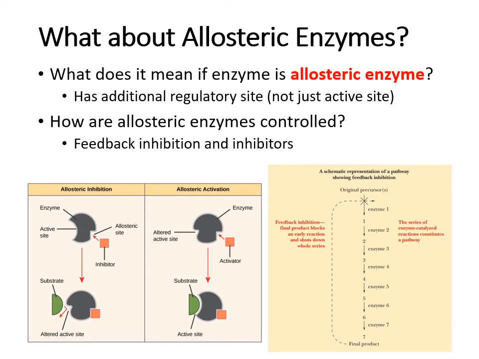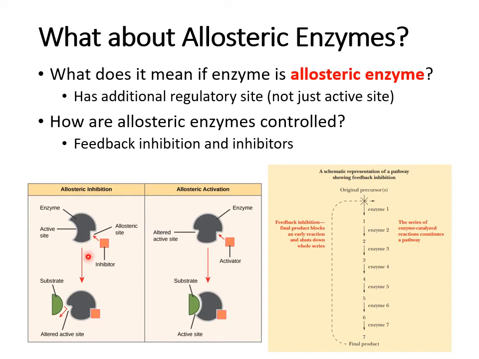Now, not all enzymes are Michaelis-Menten enzymes. There are also what we call allosteric enzymes. All that means is, as you can see in the figure here, allosteric enzymes have an additional site beyond just the active site. That additional site, for instance, can be a place for an inducer or repressor to bind.